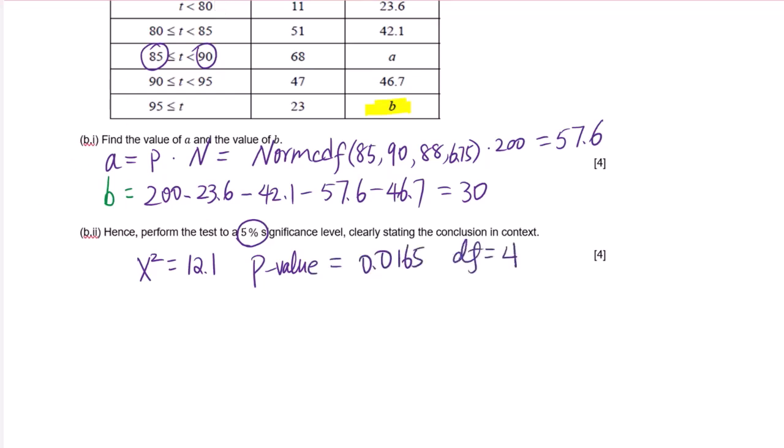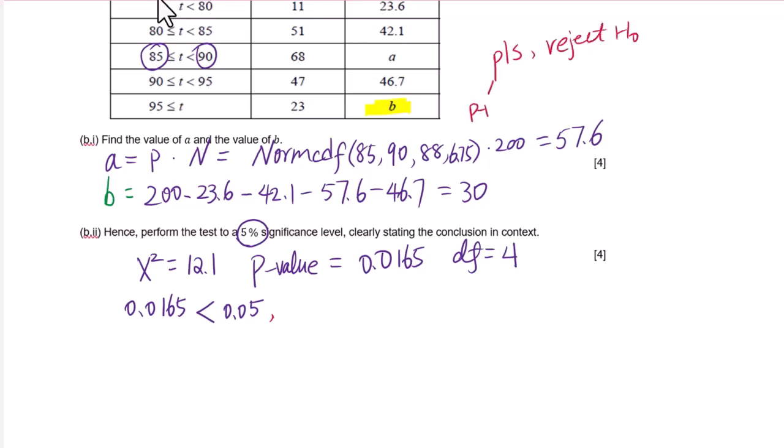DF equals 4. We can draw the conclusion now. P-value 0.0165, alpha equals 0.05. Compare which one is greater. This is less than, so we reject H0.